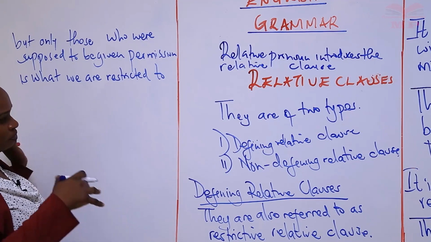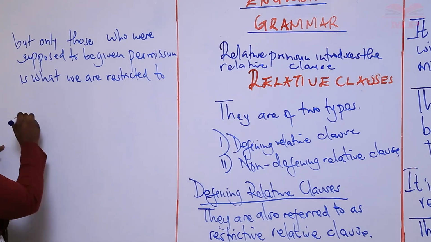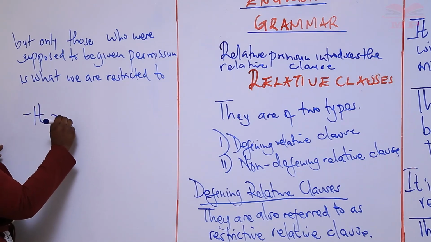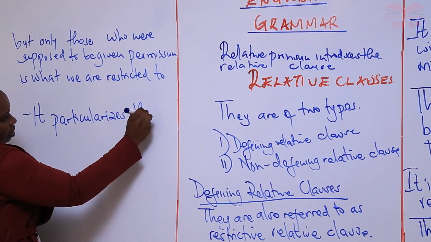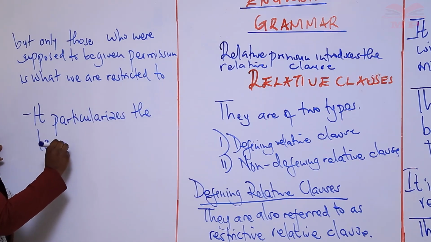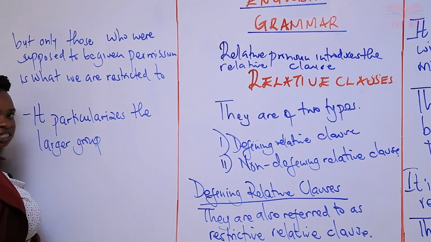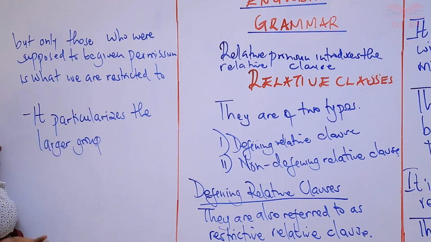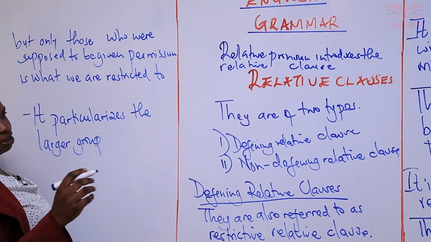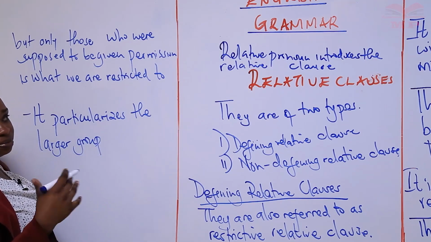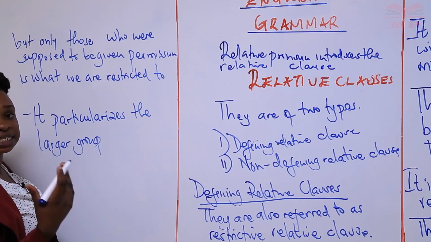The larger group would be the students, but now it restricts, it particularizes the larger group. Which students in particular? The ones that were supposed to be given permission. All right, so it's an essential clause whereby if you leave that information out, then something will not be clear. So we need it so that the sentence makes sense.